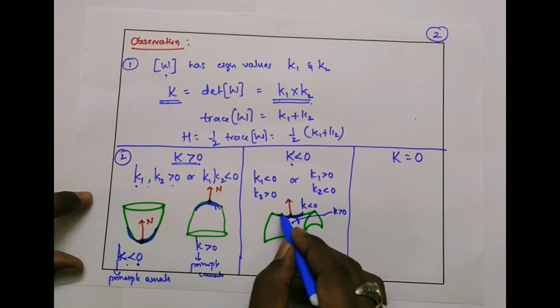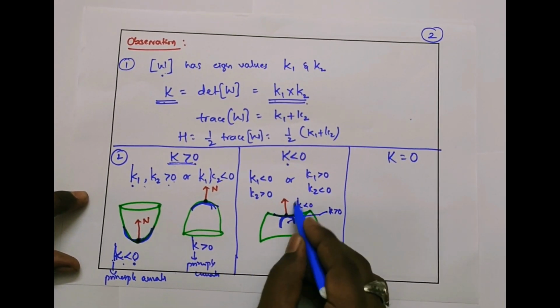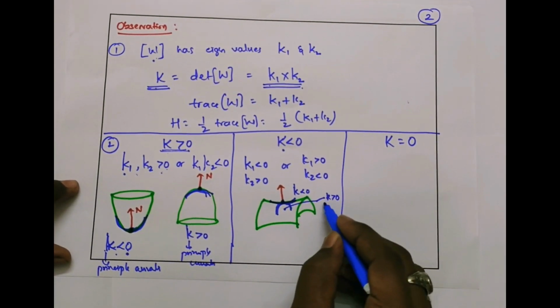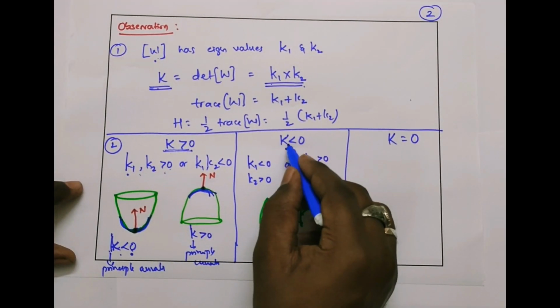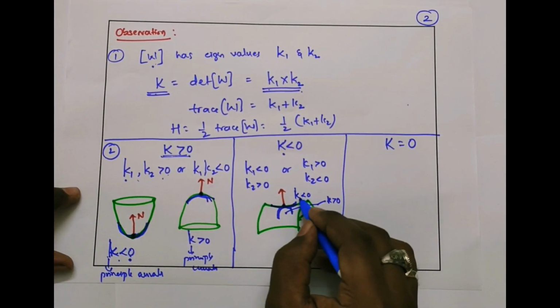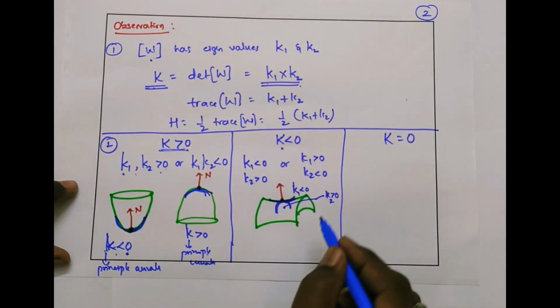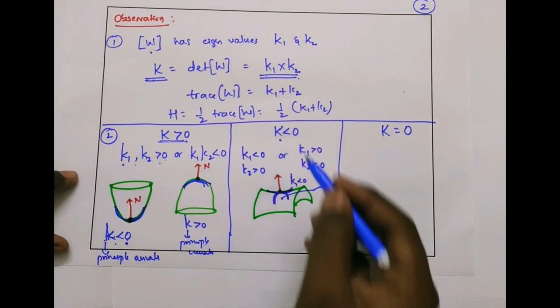Now at this point you have one curvature up towards the normal, so the principal curvature is less than 0. The other is down towards the normal, so the principal curvature is greater than 0. The Gaussian curvature is a product, so let me write it as k1 and k2. Of course it can be the other way too. So the product of them will be negative. So at this point we have the Gaussian curvature negative.